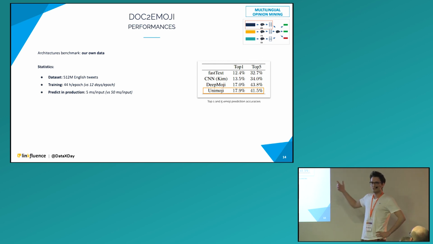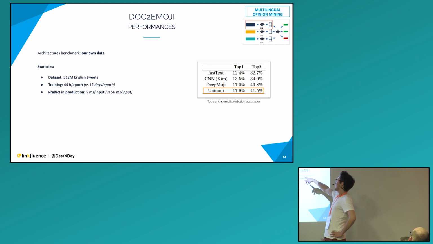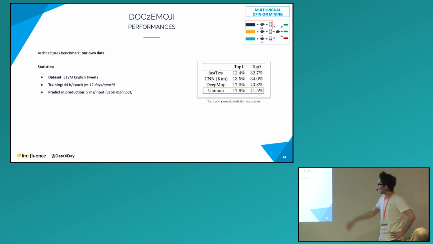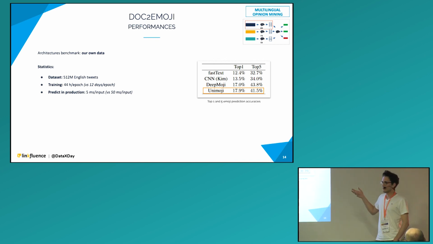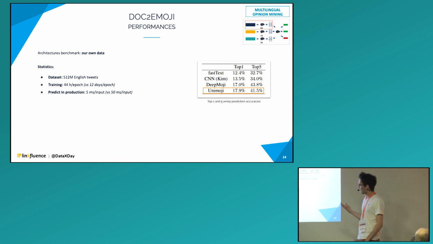And when we look at the prediction accuracies, we can see that our model that we call Unimoji performs quite well against the Deepmoji architecture, the Deepmoji pre-training phase. And we can see that it's even better on top 1 accuracy, but quite worse on the top 5 accuracy. So it's okay.